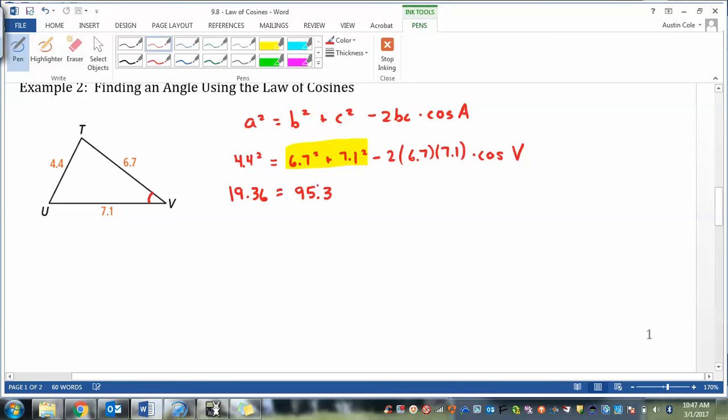95.3. And we can do this in our calculator. If you want to throw the negative in there, you certainly can. You don't have to. If you don't use it, you need to realize that you need to bring the negative down. If you do use it, the negative is in your calculator.